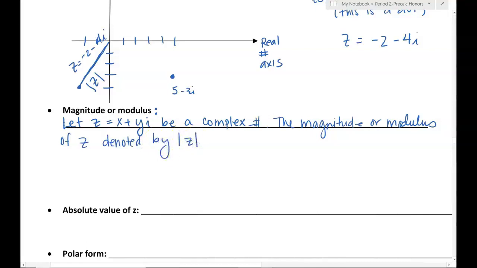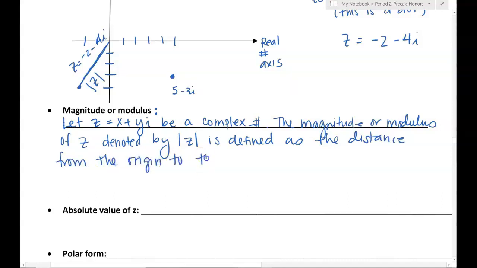Okay, so now the magnitude, the absolute value of z, is defined as the distance from the origin to the point x comma y.